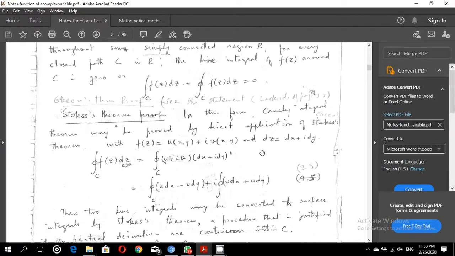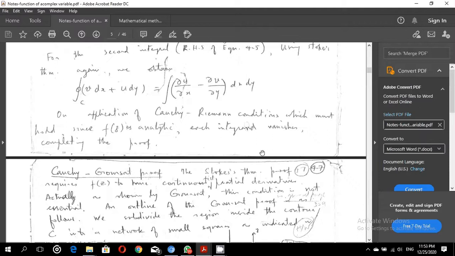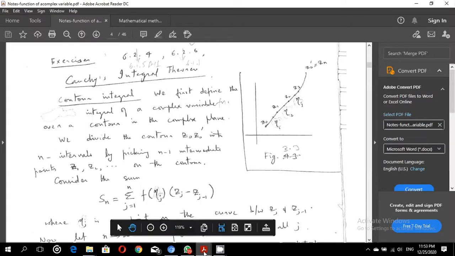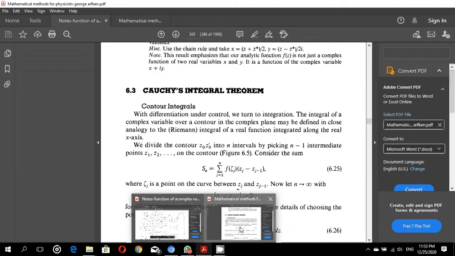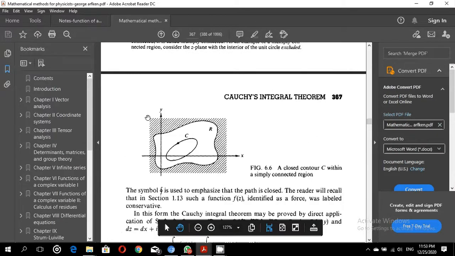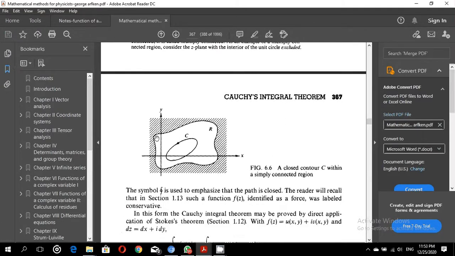So there is a region R. Let me show it from the book. Okay, so this is the region R over which the function is analytic.